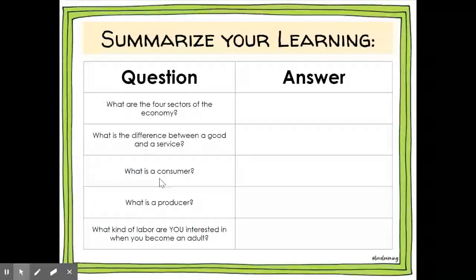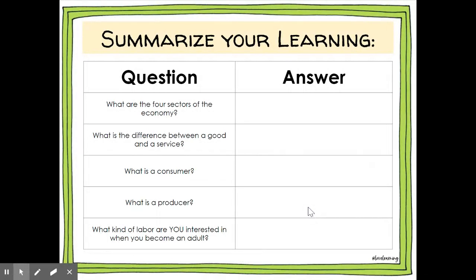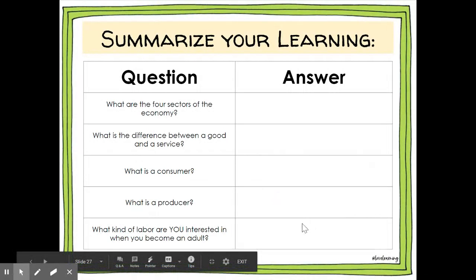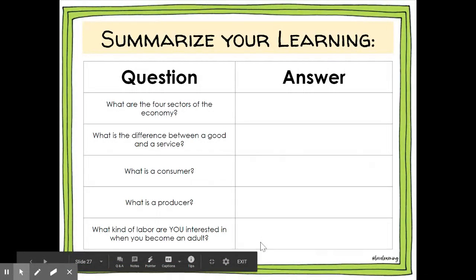So even after you give me a definition in your own words, for even something like what is a consumer and what is a producer, you should be able to give me an example or talk about something different than what you gave me on the slide before. So I hope you watch the rest of the video, even though it's about 20 minutes long. It really is interesting.